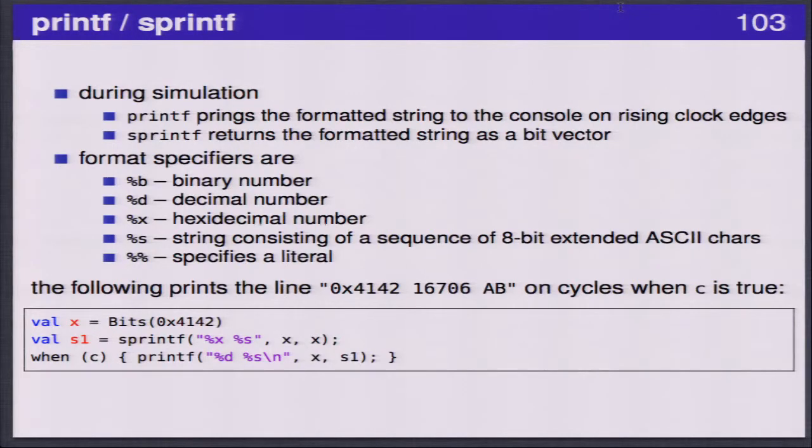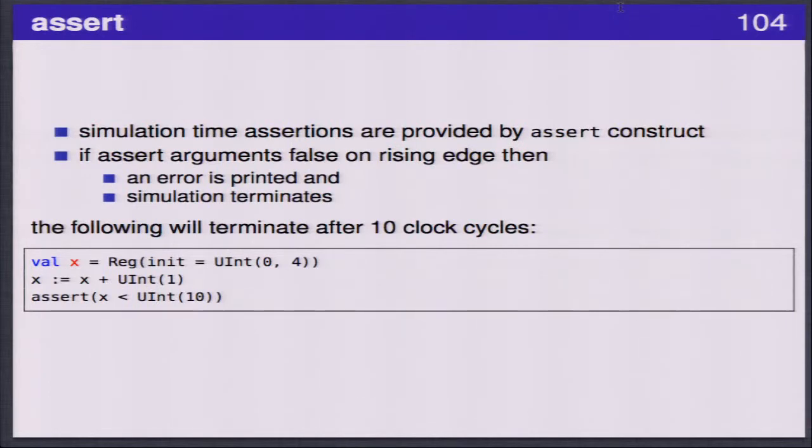This works for both the Verilog and C++ backend. We have a limited set of format specifiers. And then we also have assertions, which allow you to test that certain conditions hold while you're running under simulation. So both of these only run under simulation. So this would run 410 cycles and then terminate your simulation.